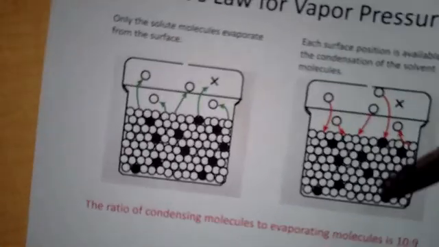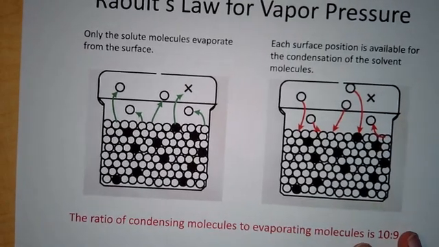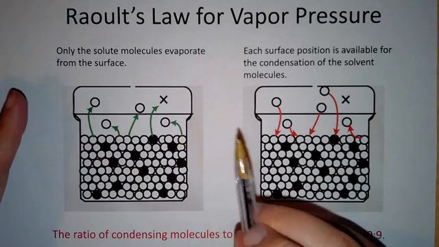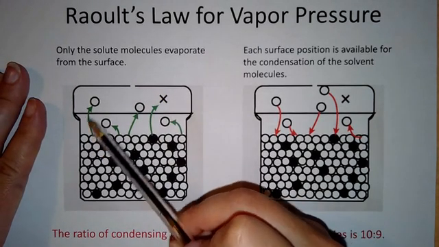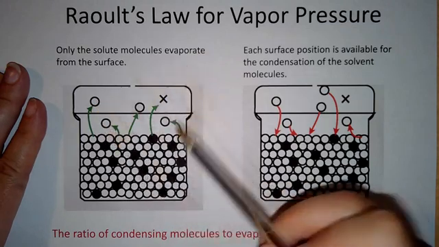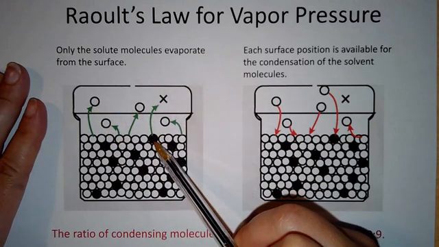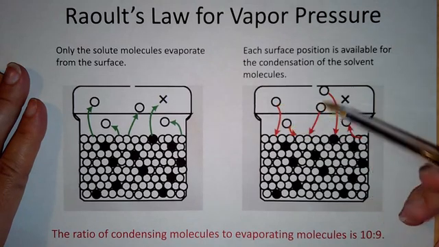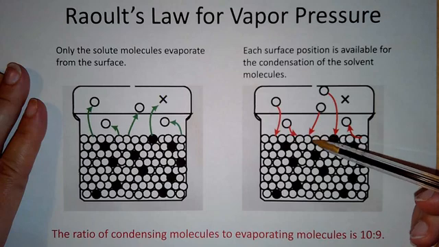And when we look at how this works, we see an uneven distribution between vaporization and condensation. All of our solvent molecules can vaporize, solute molecules cannot, but every solvent molecule that did turn into a gas molecule can then recondense back.